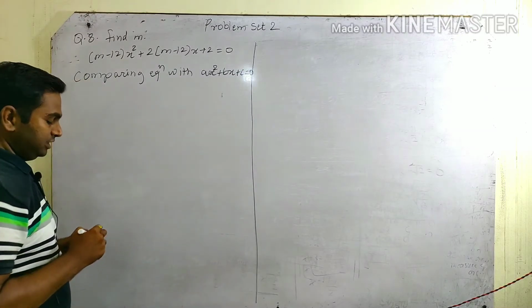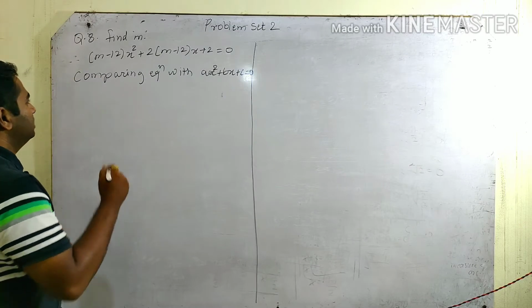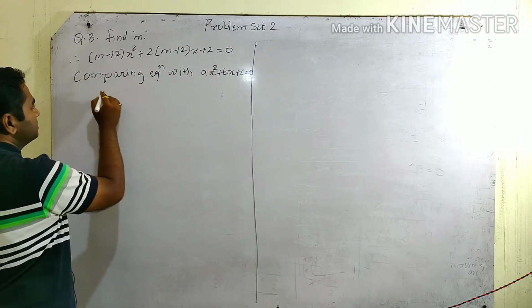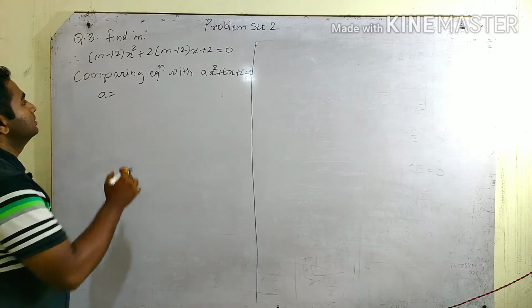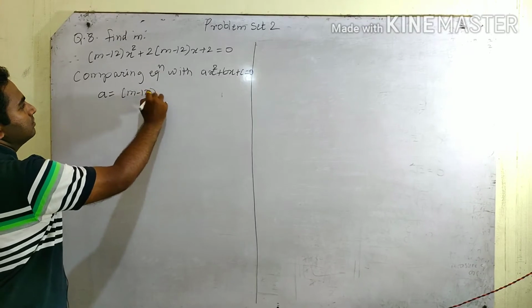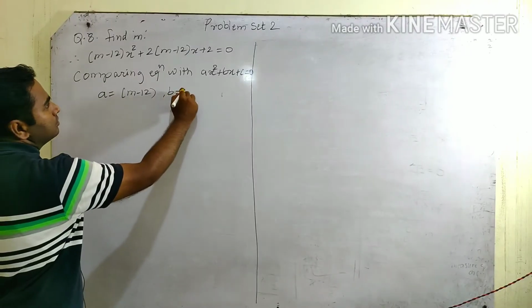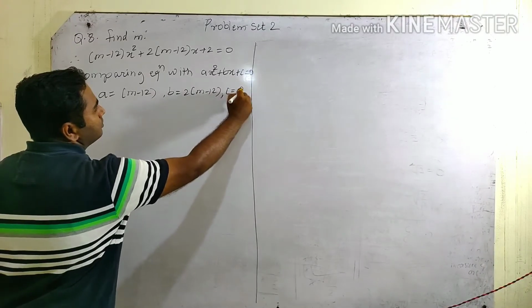See, many times we don't understand what a, b and c are here. So we can write properly, because this example is very important. a is equal to m minus 12, b is equal to 2(m minus 12), and c is equal to 2.